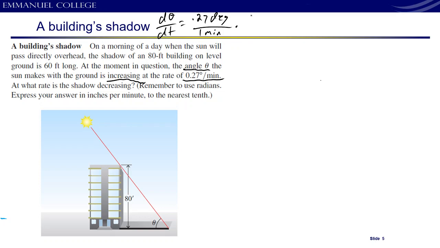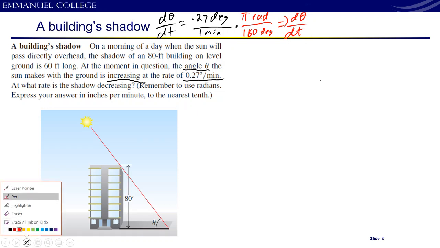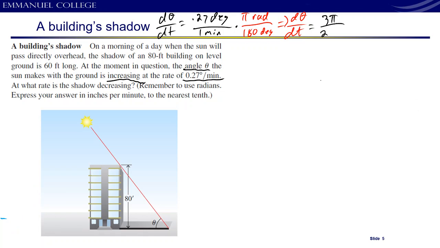So I'm going to multiply by pi radians over 180 degrees. And then the rate of change of the angle theta we're going to use is actually going to be 3 pi over 2,000 radians per minute. So we got the first thing out of the way.